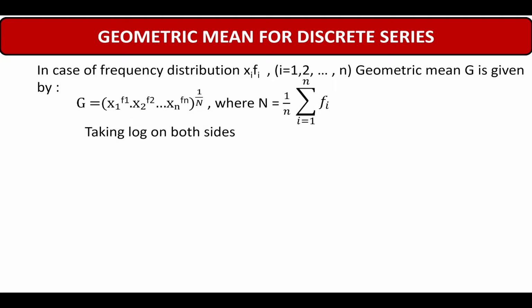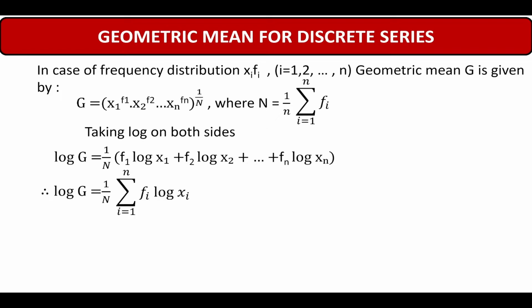Now taking log on both sides as we did earlier, log of G is equal to 1 by N, the whole multiplied by f1 log x1 plus f2 log x2 and so on till fn log xn. This we can reduce to log of G is 1 by N summation of i equals 1 to n fi log xi.